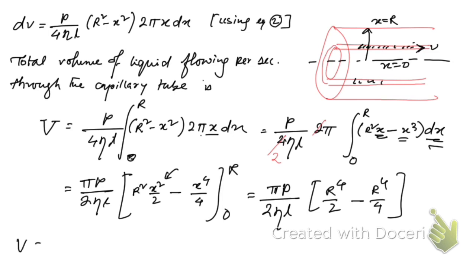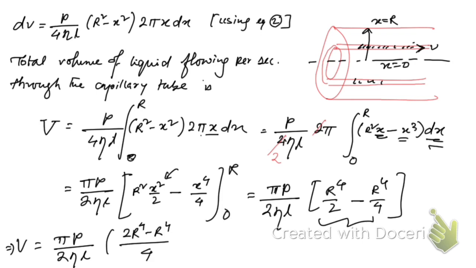So now V is equal to, if you take the LCM, pi P by 2 eta L, on taking LCM you have 2 R to the power 4 minus R to the power 4 over 4, and that gives V is equal to pi P R to the power 4 by 2 fours are 8 eta L. So this is the required equation, Poiseuille's equation.